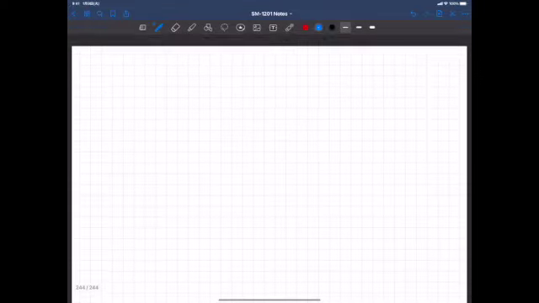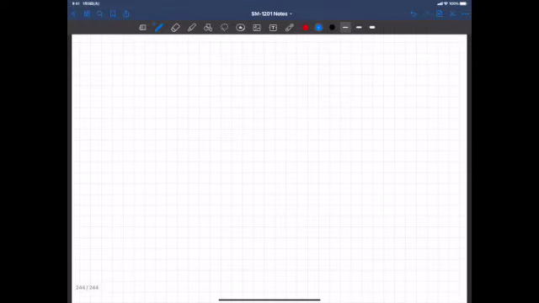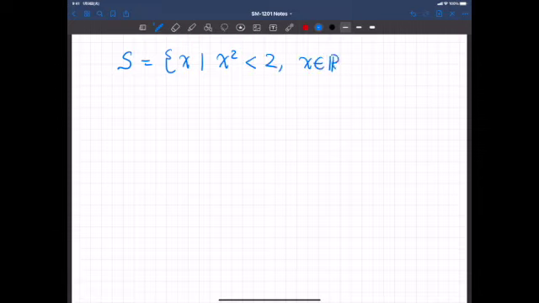Here's a simple example that illuminates the continuity of the real numbers. Consider this set. S is a subset of real numbers such that x squared is less than 2. Okay. Of course, this is a subset of real numbers, right? And what's the supremum of this set? So let's consider this one.